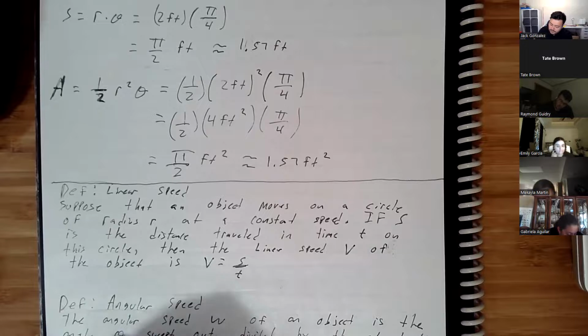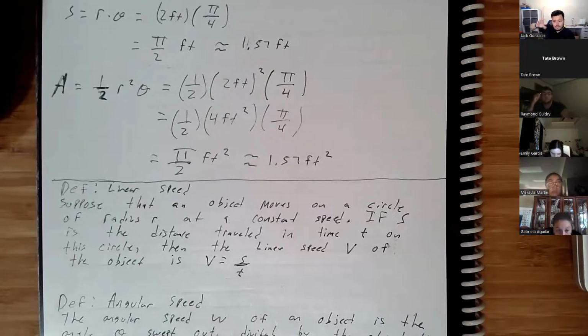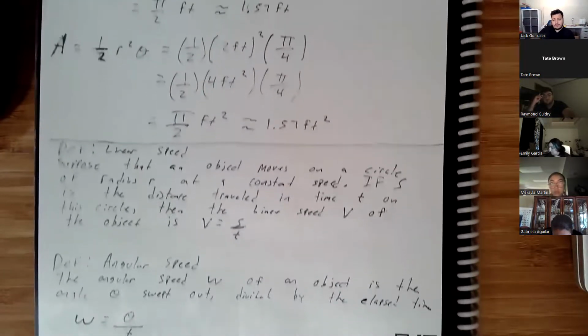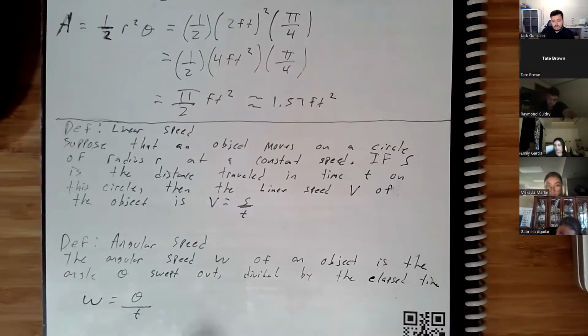They usually use omega or W for angular speed. So it's the speed of the angle itself turning, the speed of the turn versus the speed of the edge. Do you understand the difference between linear and angular?